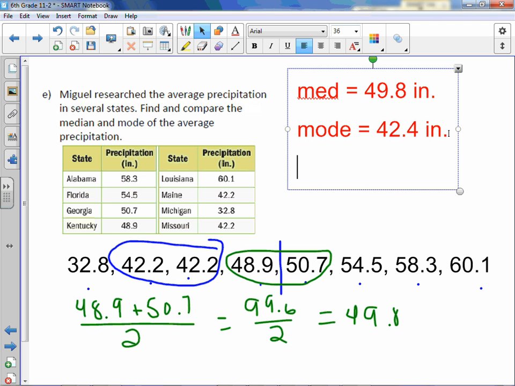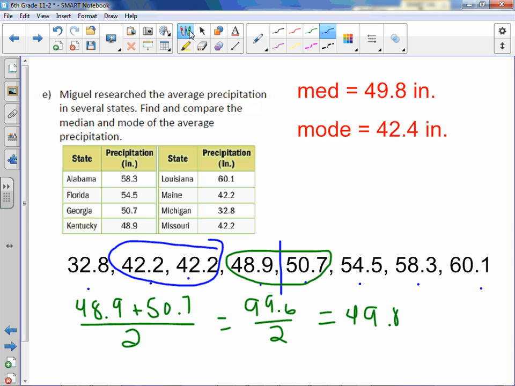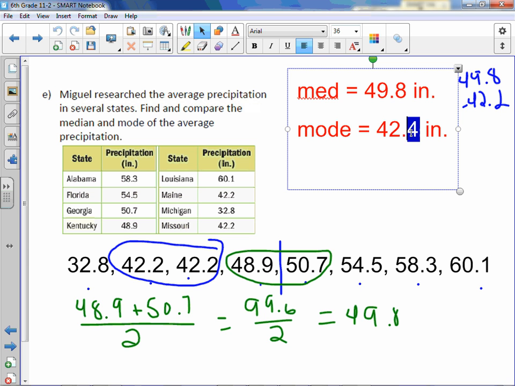So let's just say we know that the median is higher. Let's figure out by how much. Let's do a quick subtraction problem off to the side here. 49.8 minus 42. Actually, this is 42.2, looking at it. Little typo there.